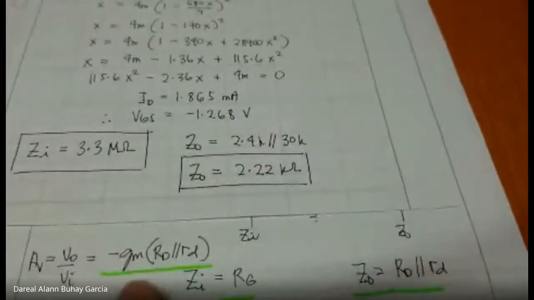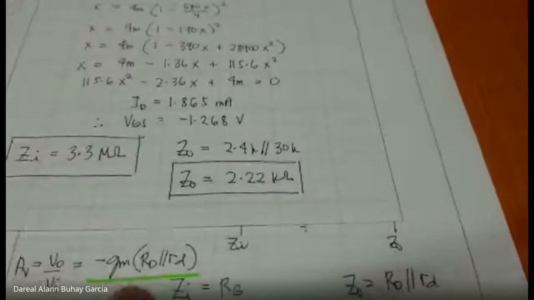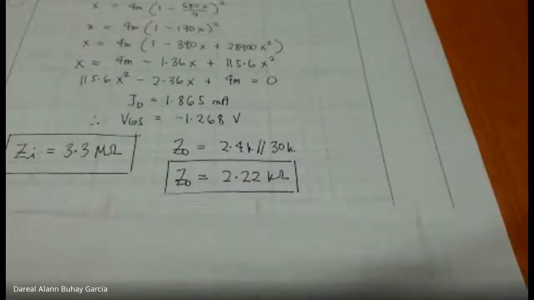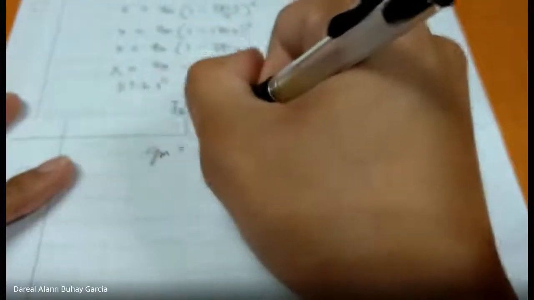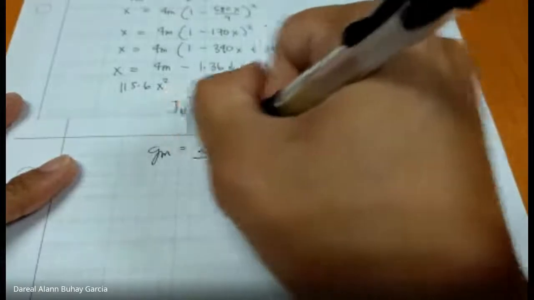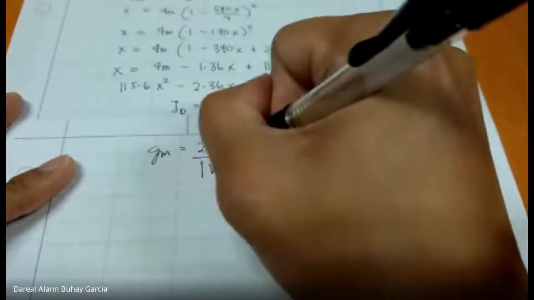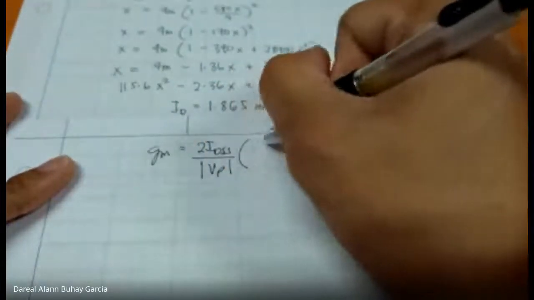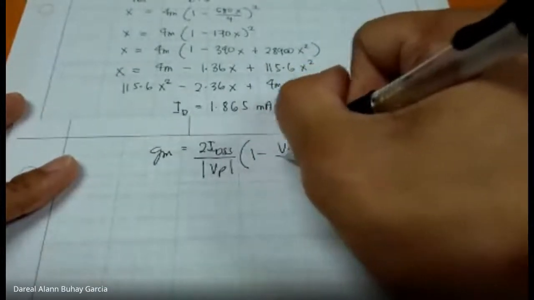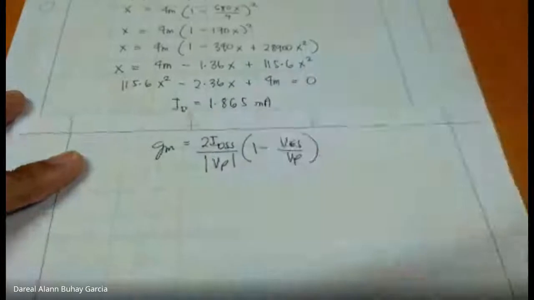Voltage gain is negative GM times ZO. So let's solve for GM. GM is 2 IDSS over the absolute value of VP, times 1 minus VGS over VP.